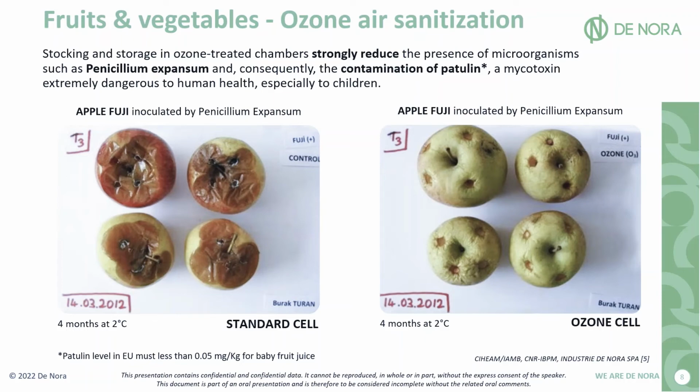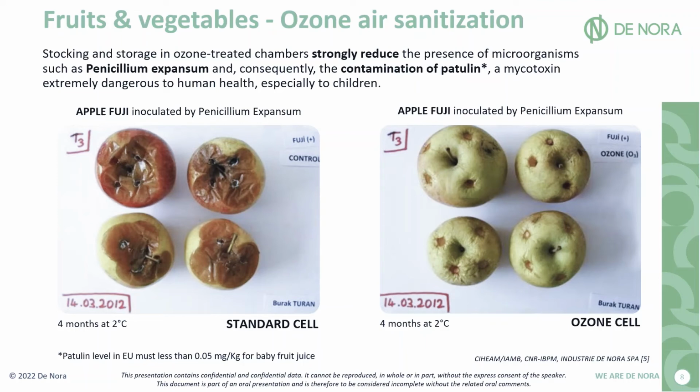But these mycotoxins are also dangerous for human health, especially for children, because they are small. In Europe, we have strict control of mycotoxins in milk, fruit, juice, and so on, in particular for baby food.